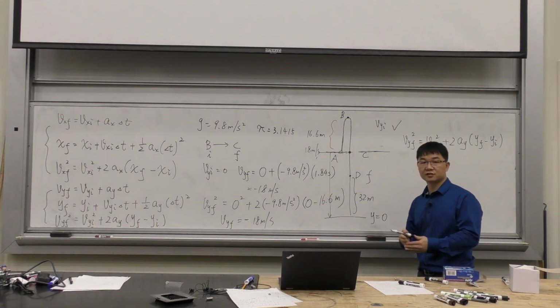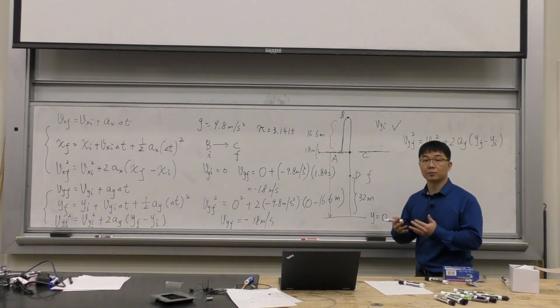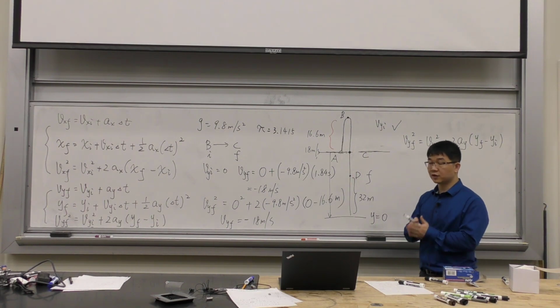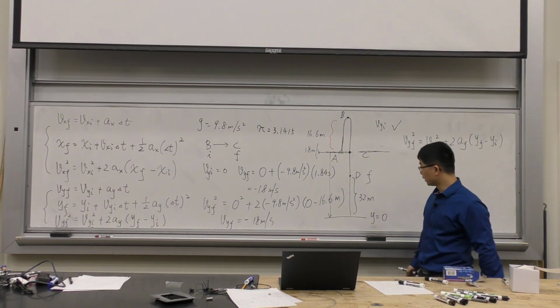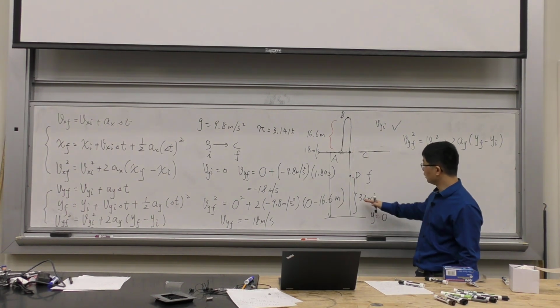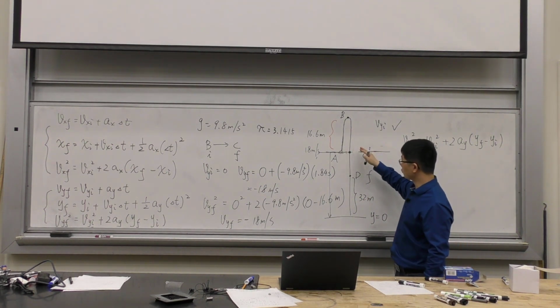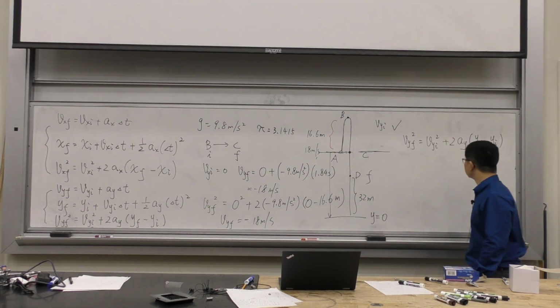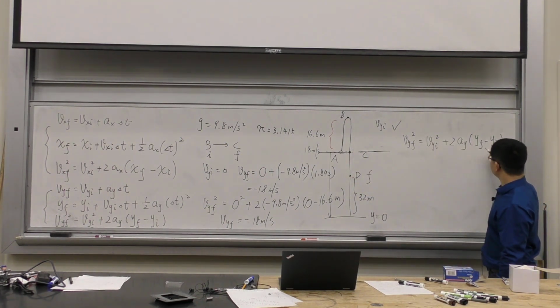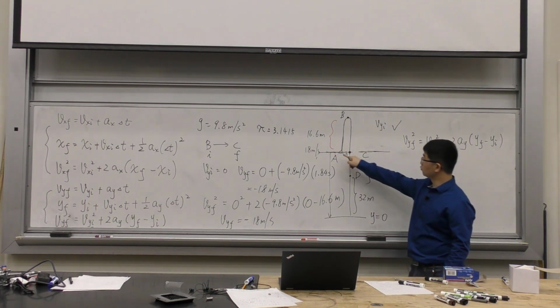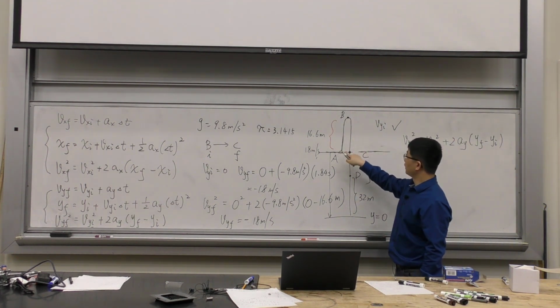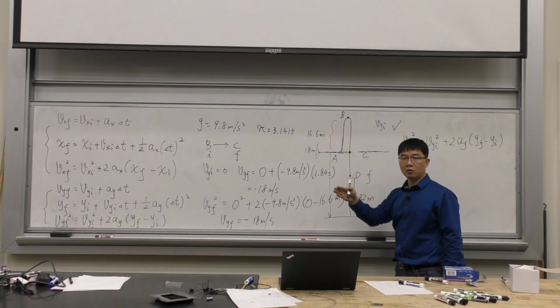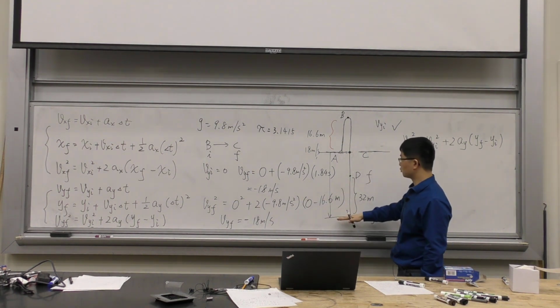You can even change the reference point in different parts, but again, you need to stick with the reference point you pick. If I pick this as y0, so any point I pick as the initial, I need the distance between the floor, the ground, to that point. So now you see that the yi depends on where I pick, but A, B, C, I already know their height relative to the ground, right?